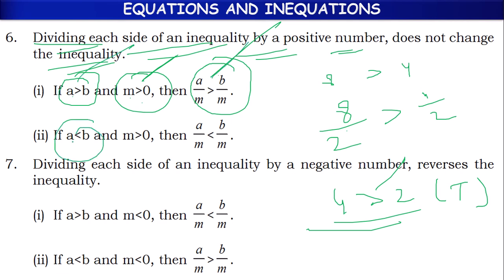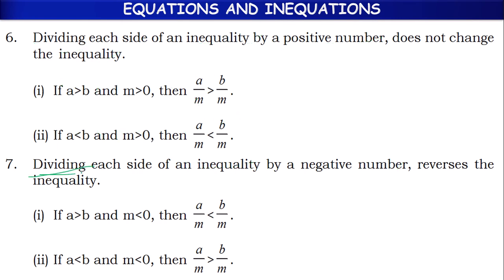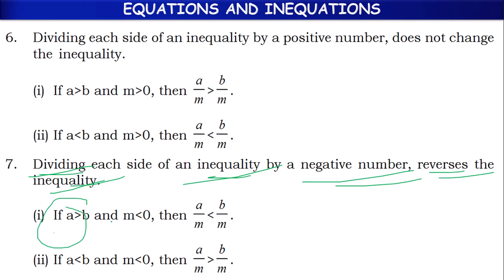If it is less than, and if M is greater than 0, which means M is positive, then the inequality remains the same. But whereas if you multiply or divide with a negative number, it reverses the inequality. If A is greater than B and M is less than 0, which means M is negative, then the relation will reverse.